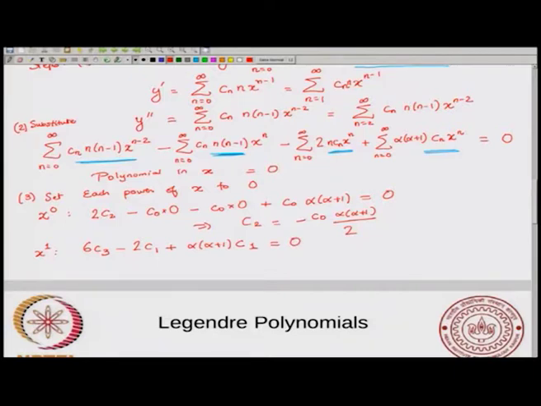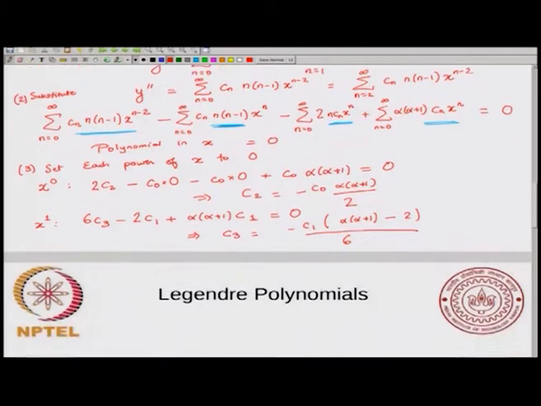So, that gives you the relation C3 equal to minus C1 times alpha plus 1 minus 2 divided by 6. So, C3 is related to C1. C3 is proportional to C1, C2 was proportional to C0.